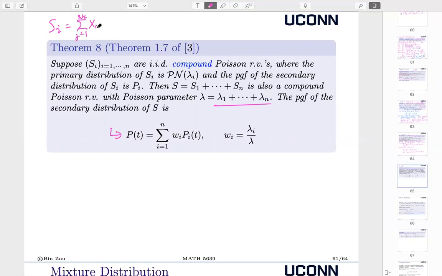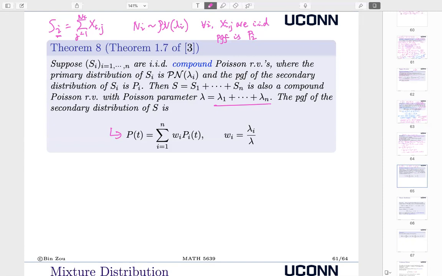Here let's call it Xij, where i refers to the selection of S. What I know is Ni follows a Poisson distribution with intensity lambda i, and for each given i, the Xij's are IID, and I know the probability generating function is Pi. Those are all the information I know.